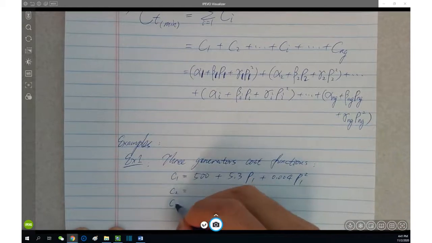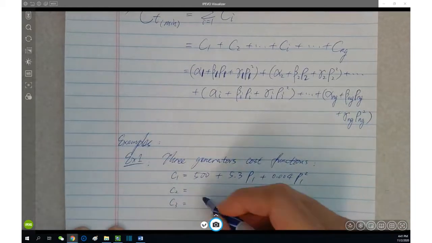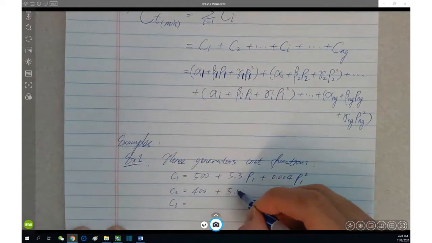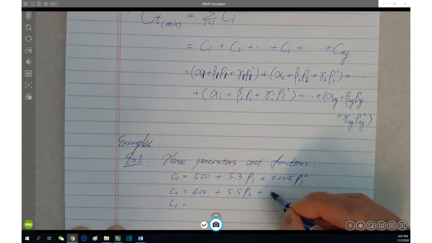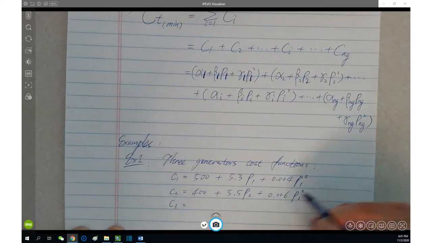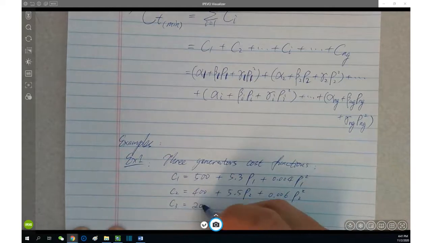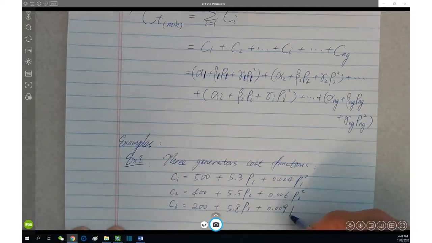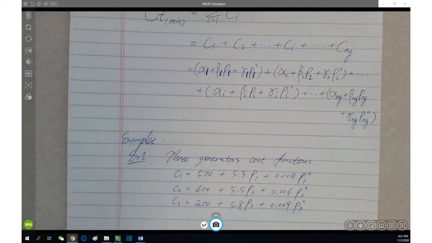C2 equals 400 plus 5.5 P2 plus 0.006 P2 squared. C3 equals 200 plus 8 P3 plus 0.09 P3 squared. As a 3 generator cost function modeled like this, given. Okay, they're given.